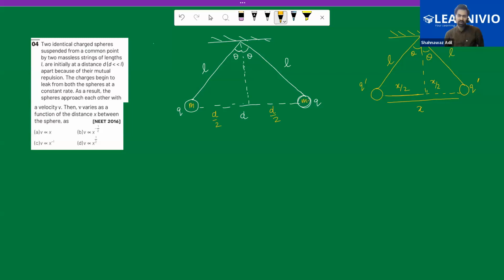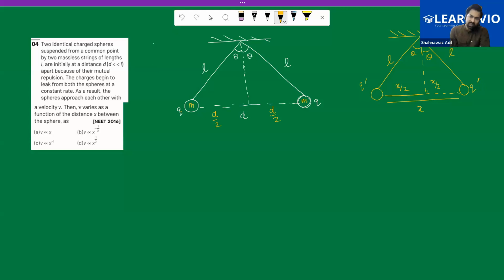Okay, so let's write all the forces, right? So first, we are doing electric charges and fields. These are two charges. So first would be the electrostatic force, the Coulomb force, right?